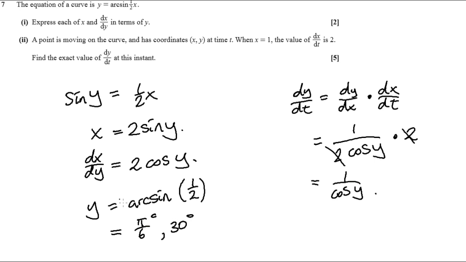No one really cares if you use either one, they work the same way anyway. With that, you sub in to cos y, and you should get 1 on root 3 on 2 as your result. And yeah, this question is done.